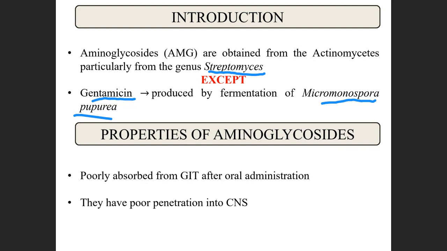And what is the property of these aminoglycosides? These are drugs which are poorly absorbed by the GIT after oral administration, and they have poor penetration to the central nervous system.